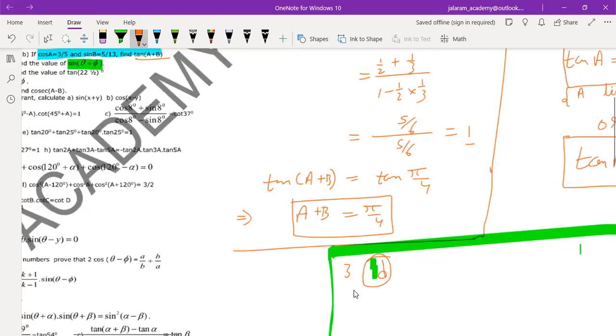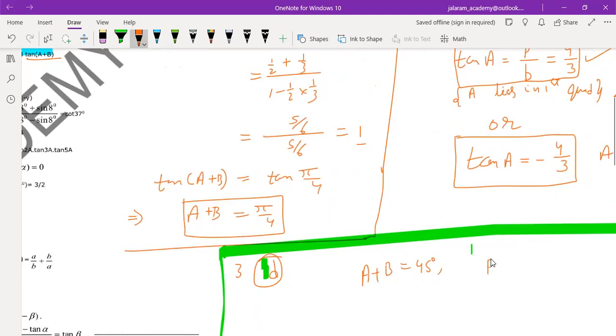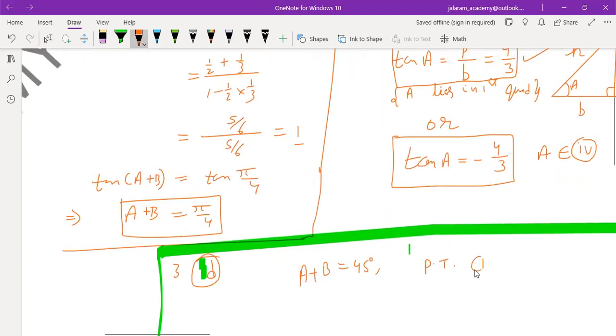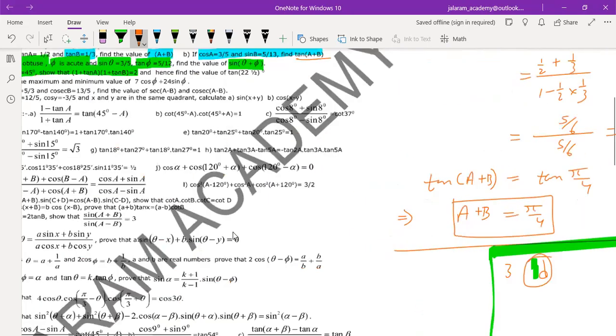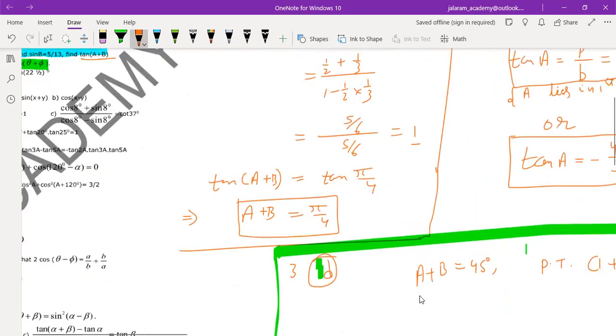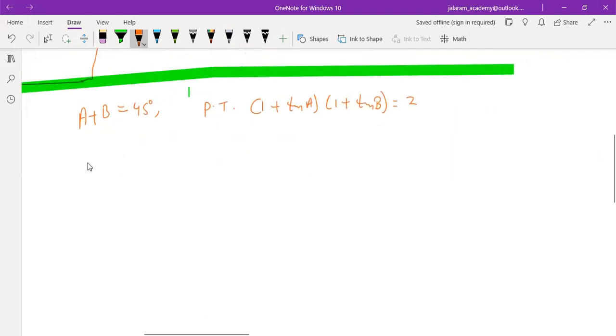It is given that a plus b equals 45 degree, and we have to prove that (1 plus tan a) into (1 plus tan b) equals what? 2. Okay. So to prove this, first we write a plus b equals 45 degree. Then take tan both sides.